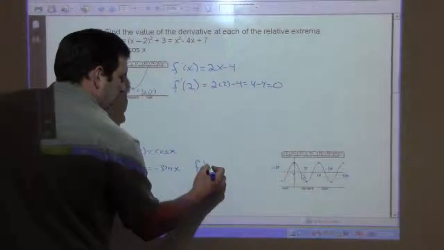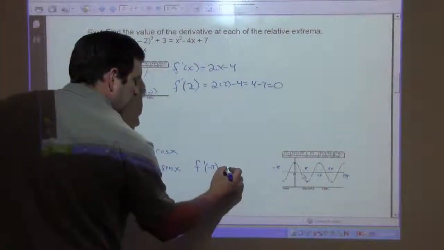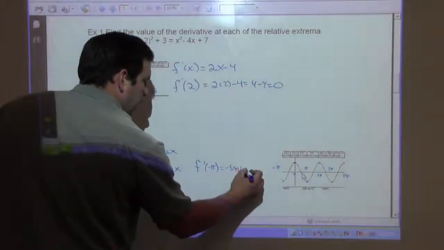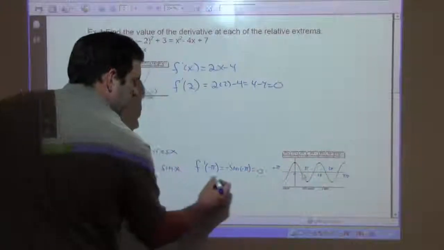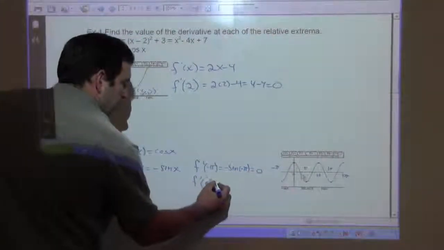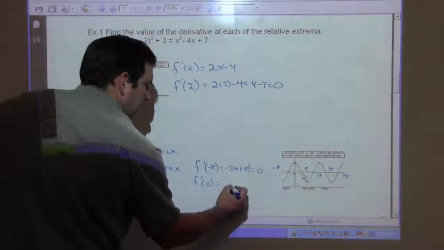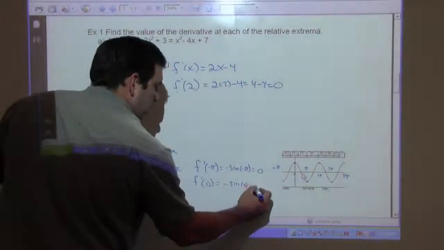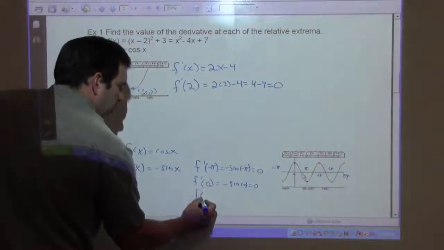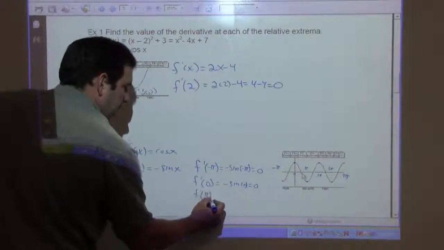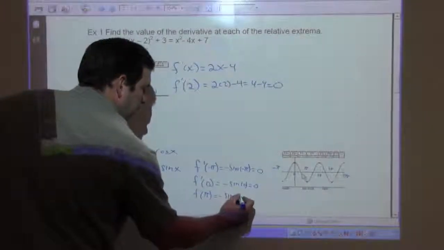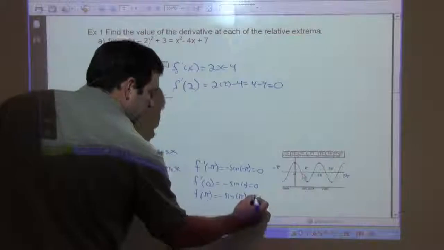F prime of negative pi is negative sine of negative pi, which is 0. F prime of 0 is negative sine of 0, which is 0. F prime of pi is negative sine of pi, which is 0.